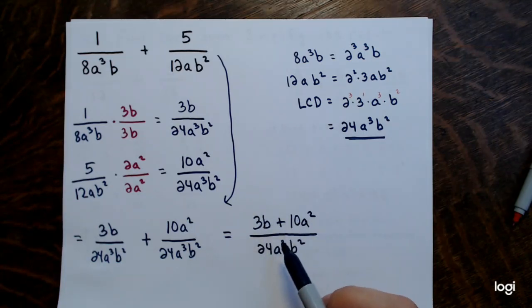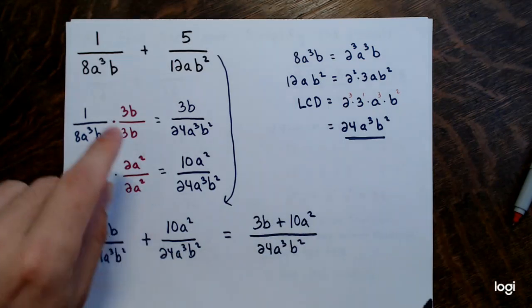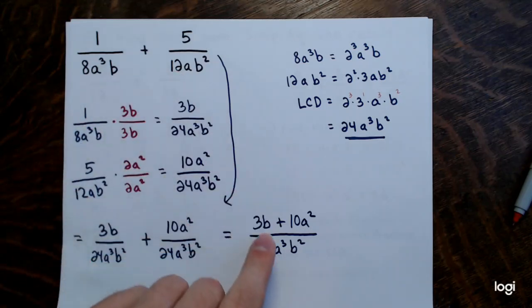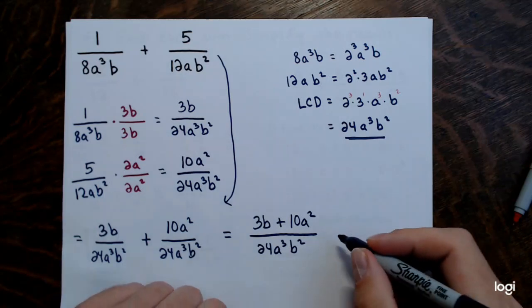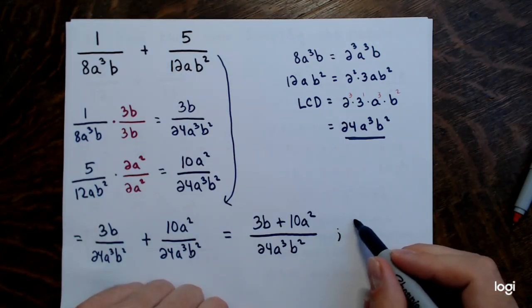And I am not seeing a factor of 3b plus 10a squared down here. There's only 2, 2, 2, 3, a, and b. Right? No factors that cancel. So this is it. The value of this fraction plus the value of this fraction will indeed be equal to the value of this fraction, no matter what I plug in for a and b, except for a few exceptions.